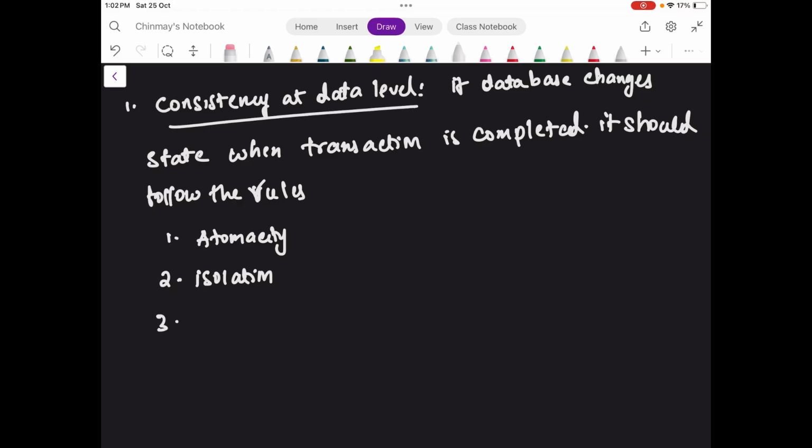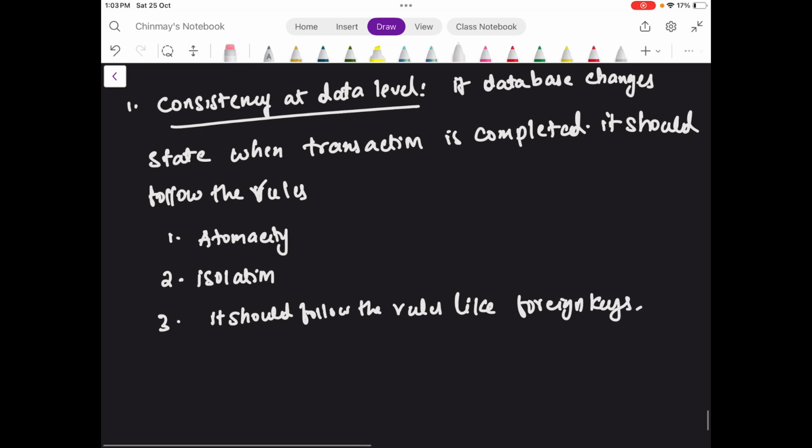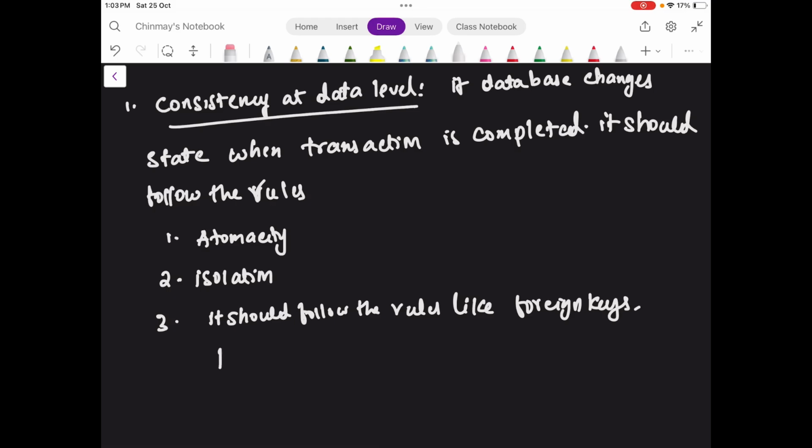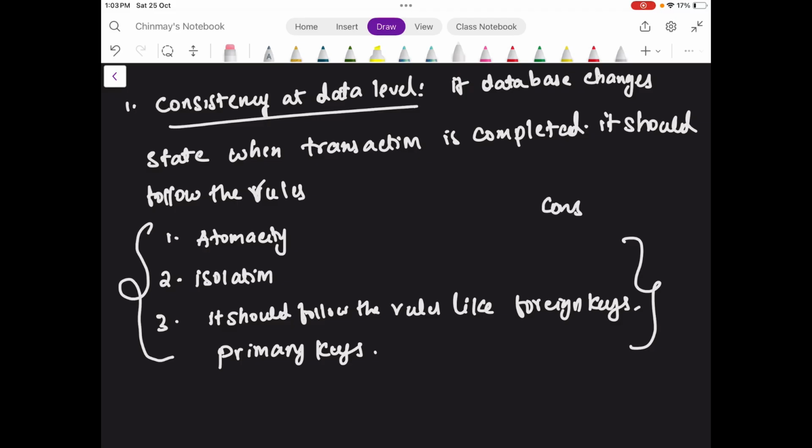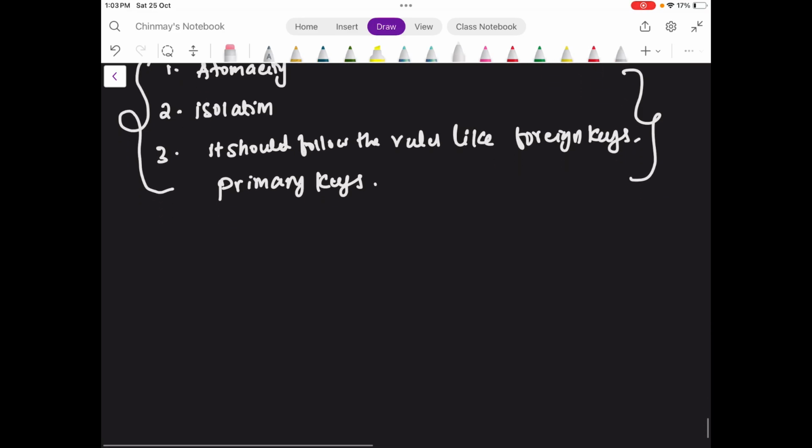Along with that, it should follow the rules like foreign keys and primary keys. All these three combined will give you the consistency at data level. Okay, let's see the example.